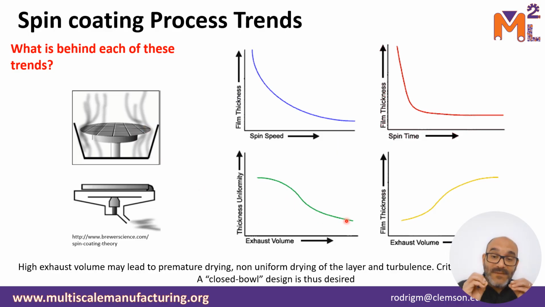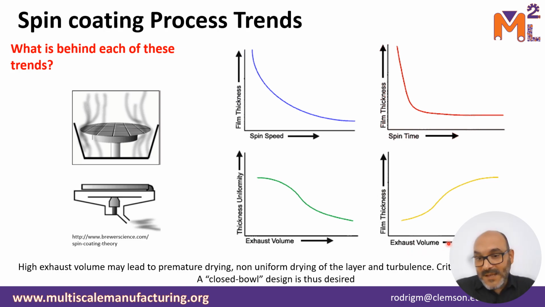That is because you have that large gradient in the concentration of the solvent. Because of that large gradient, the viscosity of the photoresist will change throughout the spin coating process, because the solvent is evaporating and the resist that remains starts getting thicker and thicker. So the uniformity will decrease.